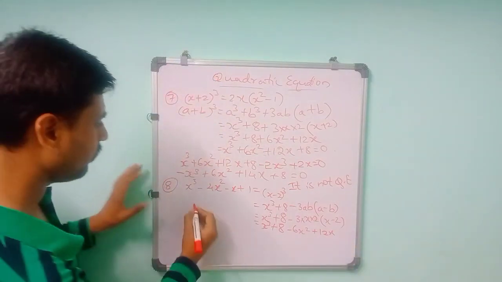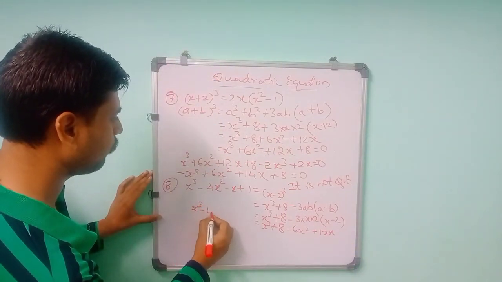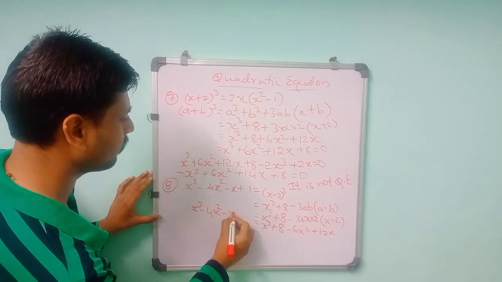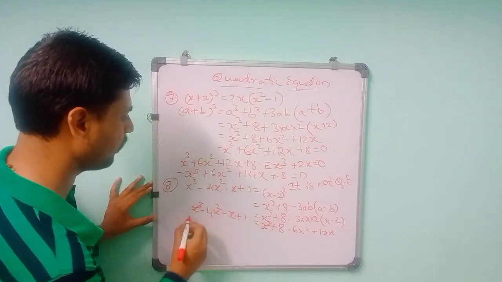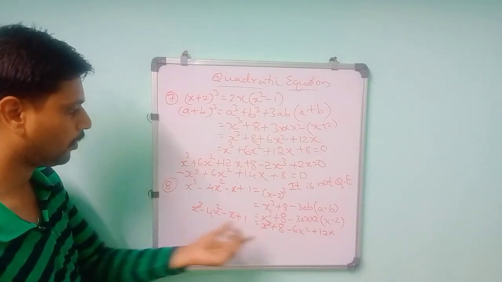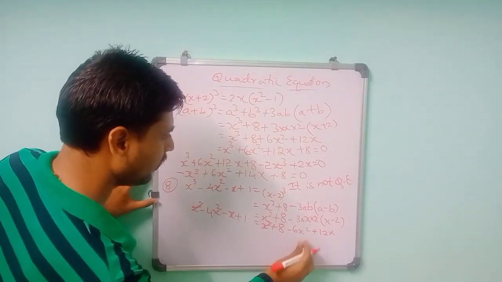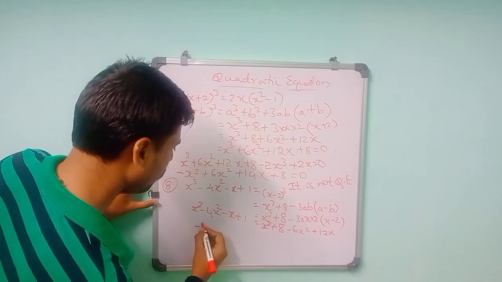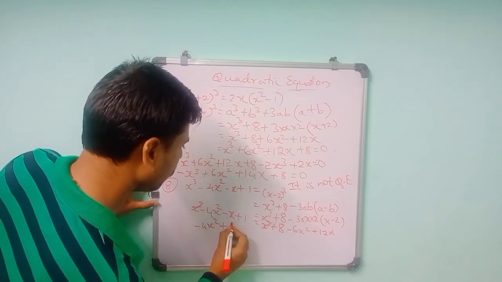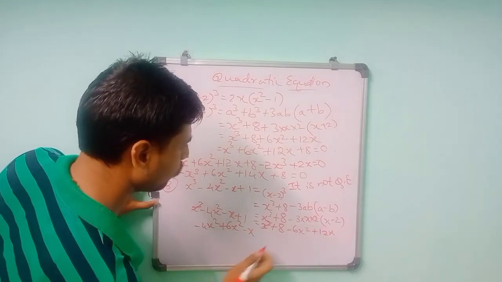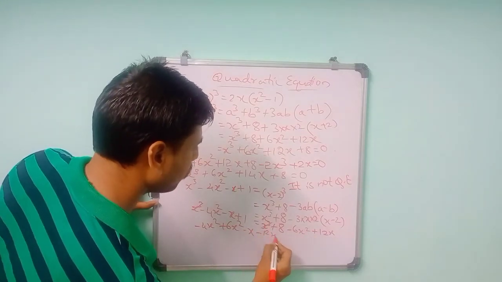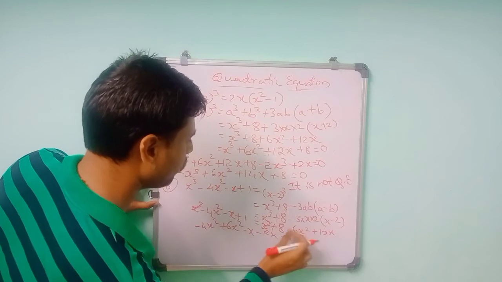On this side we have x cube minus 4x square minus x plus 1. If we compare, the x cube will get cancelled, because if it comes to this side it becomes minus x cube. Then minus 4x square plus 6x square, minus x minus 12x, and plus 1 minus 8, with the 8 shifted to this side.